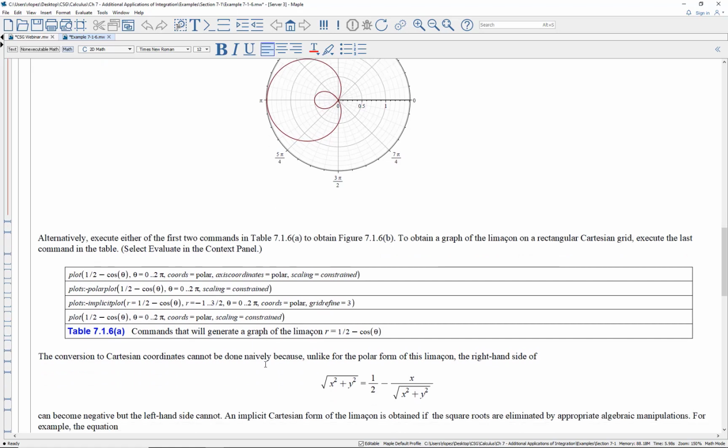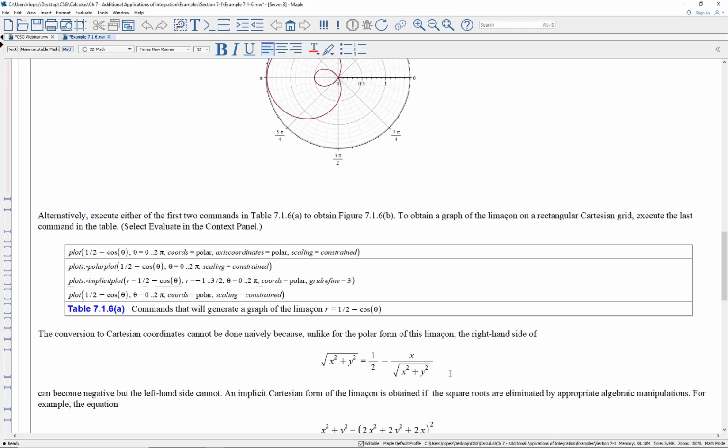And as a caution, when you convert a polar expression to Cartesian coordinates, don't do it naively. Be careful. If you replace r with the square root of x squared plus y squared, and on the right-hand side you replace cos theta with x over the square root, this right-hand side can become negative.